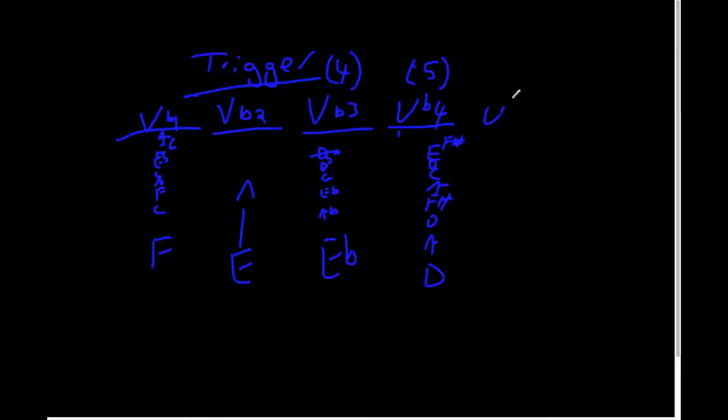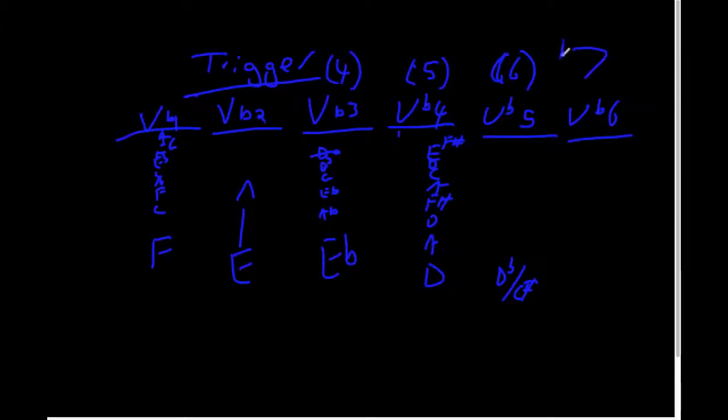And then valve flat 5 in real life is 6th position with the valve depressed. It gives us the D flat or C sharp overtone series. And then valve flat 6, which is basically a flat 7th position, as far out as you can get in reality, will get you the C overtone series: C, G, C, E, G, B flat, C, D, E.